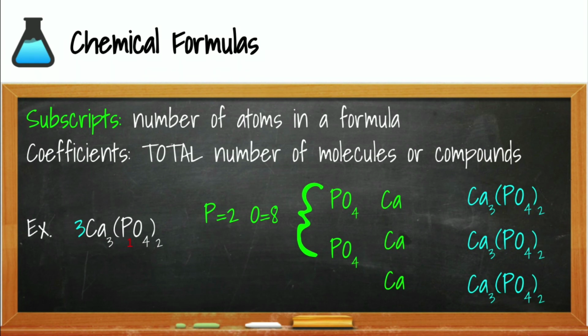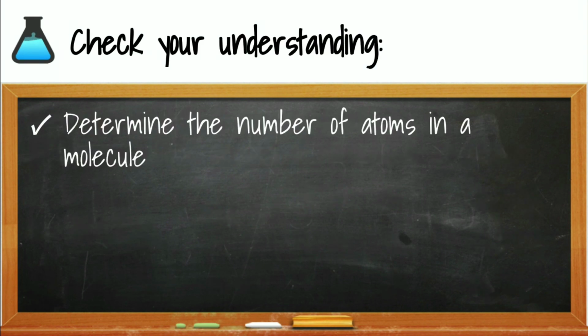But the coefficient of 3 means that we have 3 calcium phosphate units. So we will have to distribute this 3 to each and every atom, meaning there are 9 calcium, 6 phosphorus, and 24 oxygens in 1 unit of calcium phosphate.